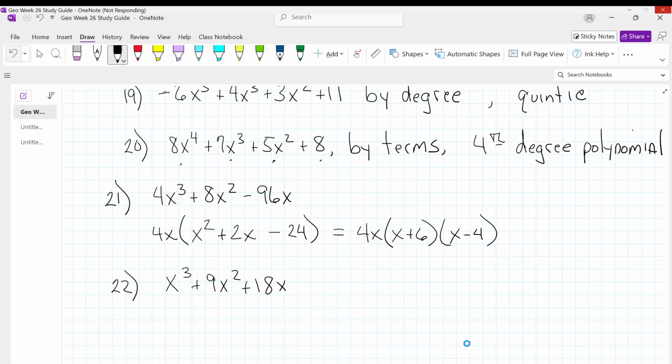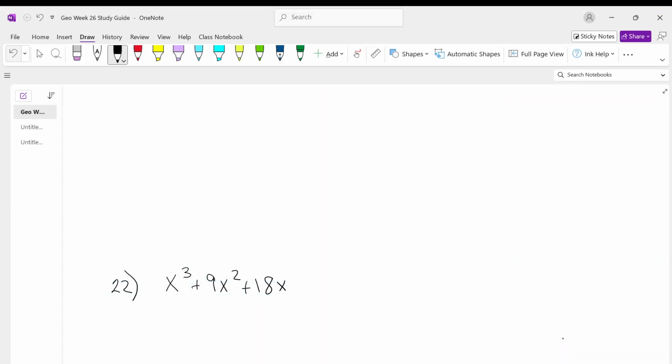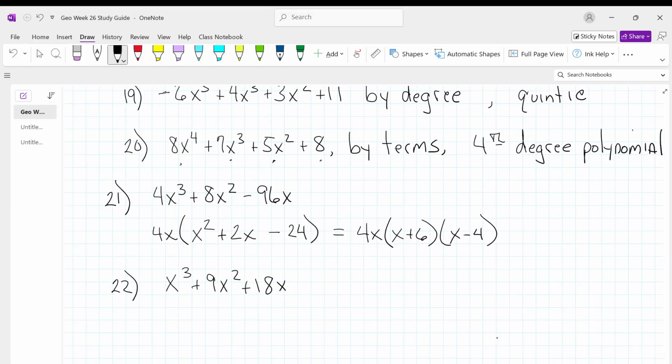And it looks like my screen is frozen again, so here we go. Each term has just an x in it, so we're going to factor out an x and then divide that x back into each term.